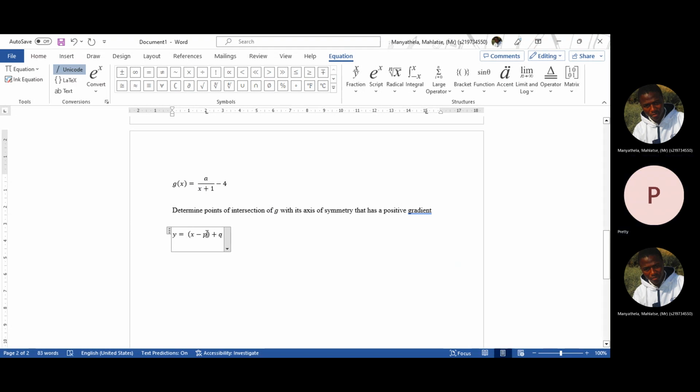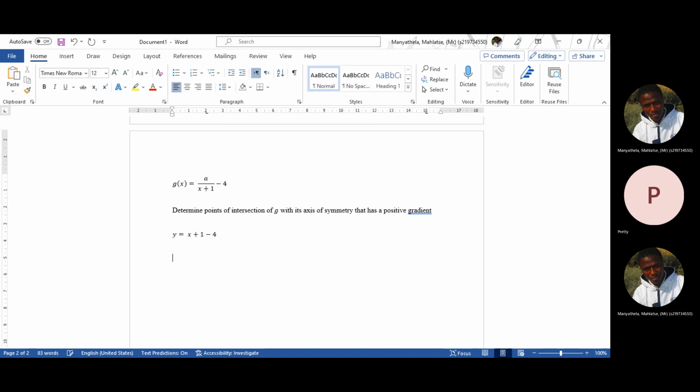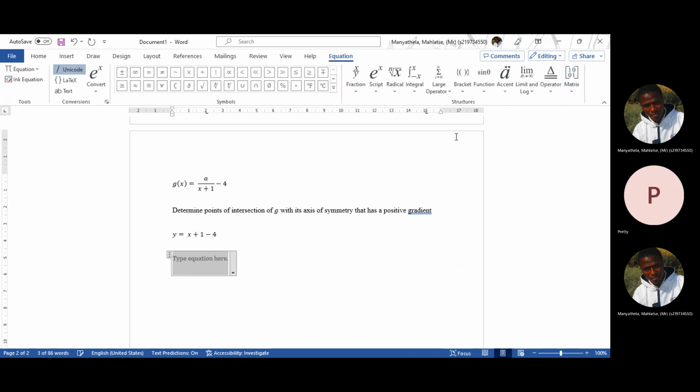Inside the bracket we have x plus 1, then the value of q is -4. The brackets are not needed, so we have x plus 1 minus 4. Combining like terms, 1 minus 4 is -3. So what they want here is y equal to x minus 3.